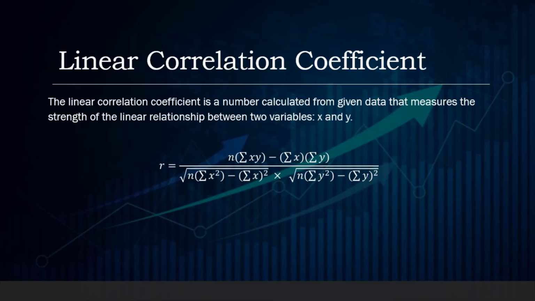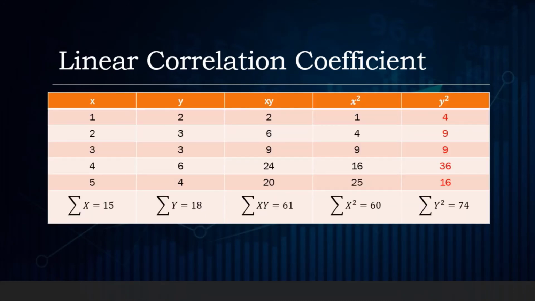R equals n times the summation of xy minus the summation of x times the summation of y divided by the square root of n times the summation of x squared minus the summation of x squared times the square root of n times the summation of y squared minus the summation of y squared. So here is the information needed in solving the linear correlation coefficient.